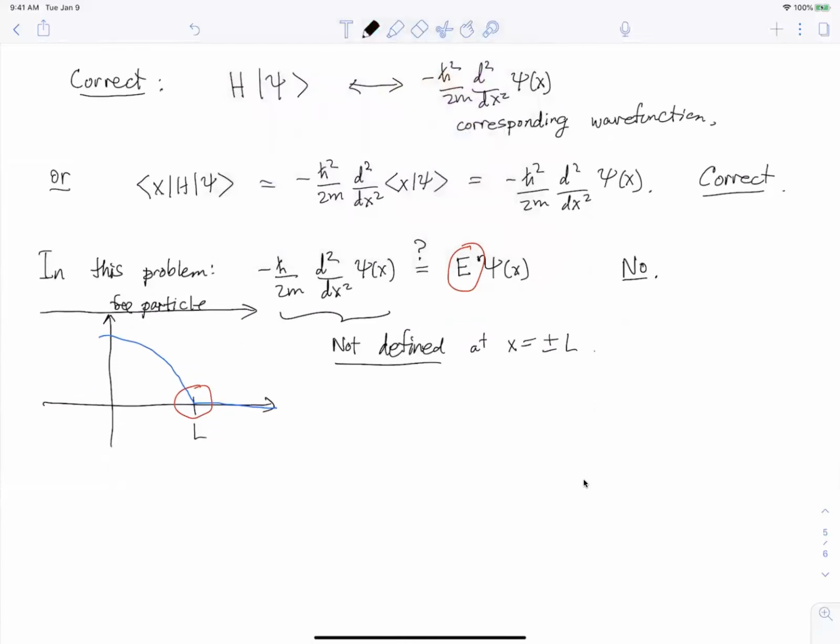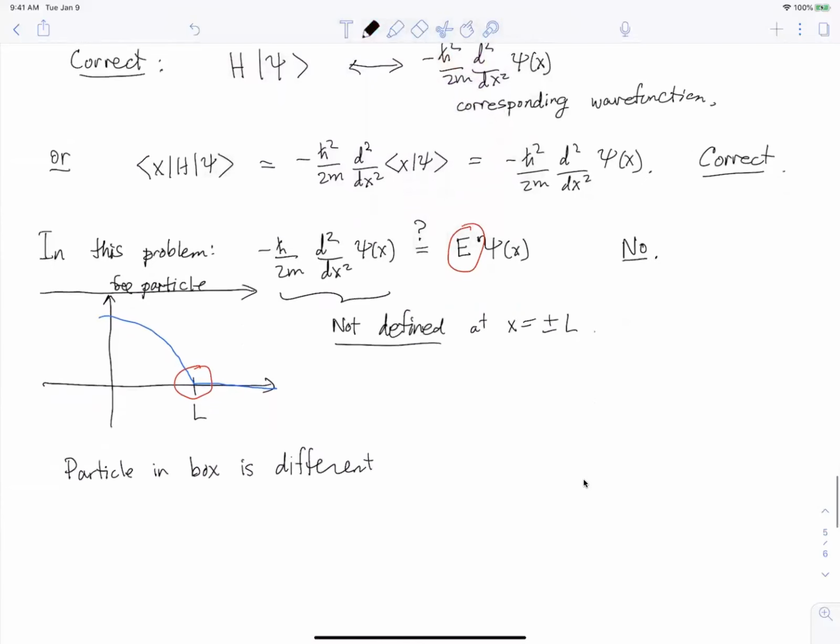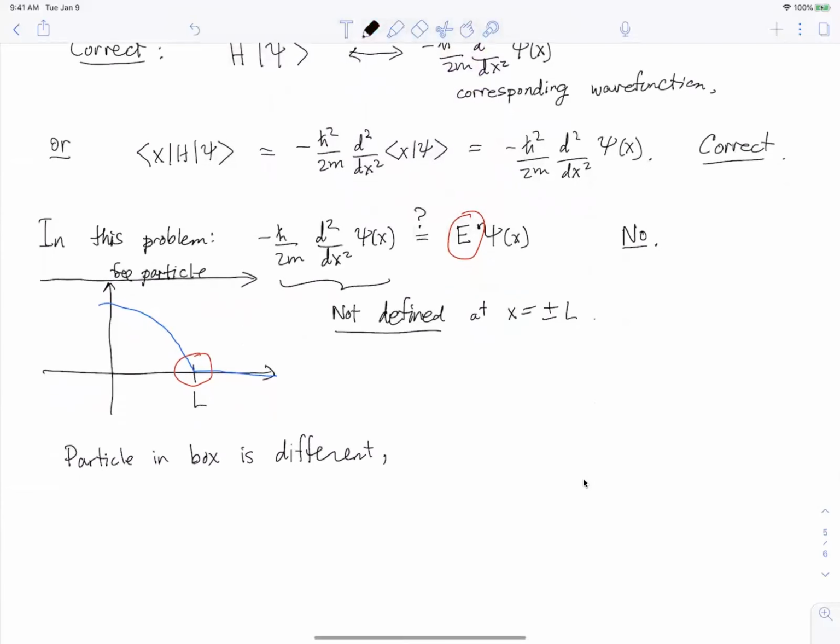Notice this is completely different from the particle in a box. Because in the particle in a box, you don't look at the point x equals L, because the particle's not allowed to be there.